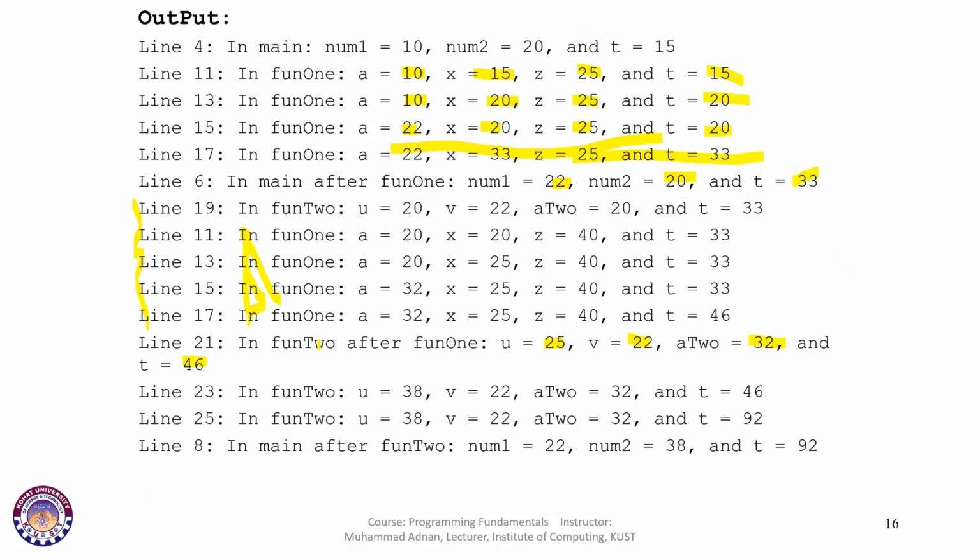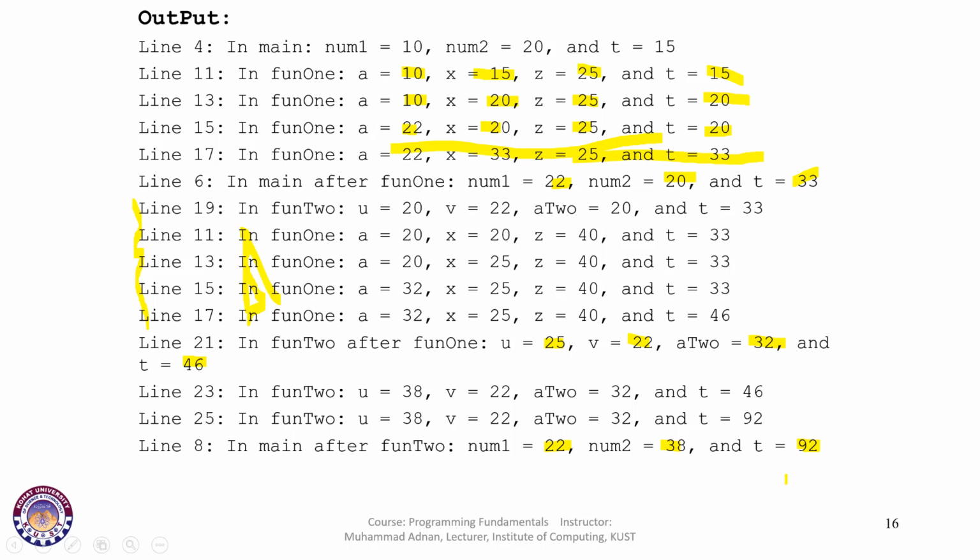So in the last, you get the value of num1 as 22, num2 as 38. Because t is a global, the changes are reflected in all these 3 functions, in function 1, function 2 and in the main function. So t in the last step will be having a value of 92.